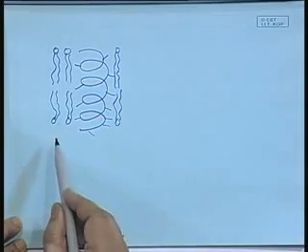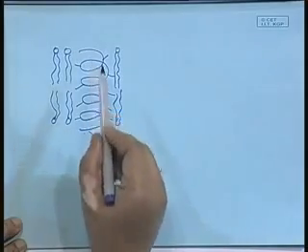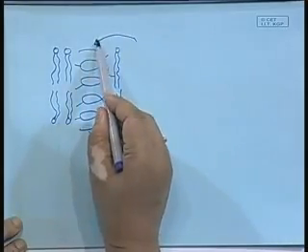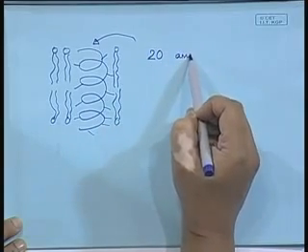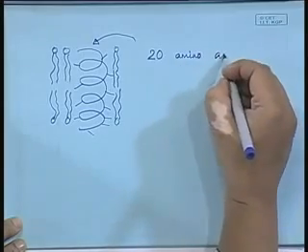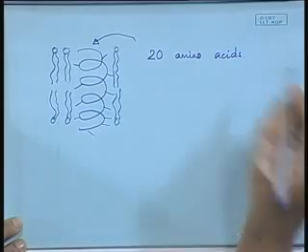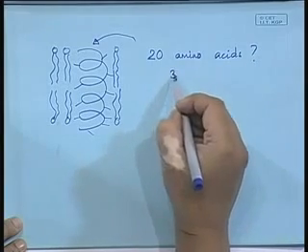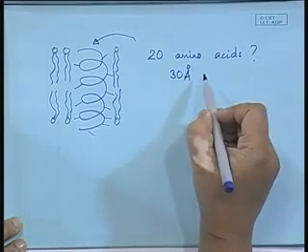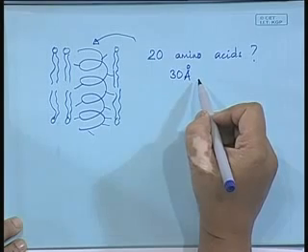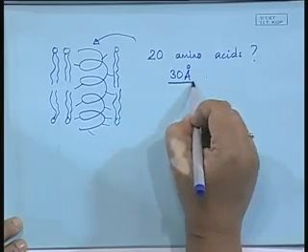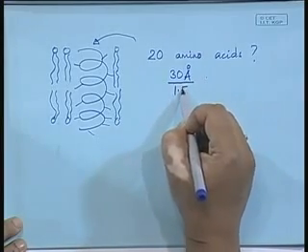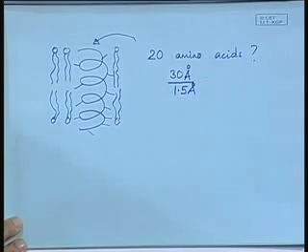So, what I need in such a specific protein sequence is a stretch of 20 amino acids. Why? Because I have 30 angstroms, which is the thickness of the membrane, and I know that for every amino acid I traverse 1.5 angstroms in height.